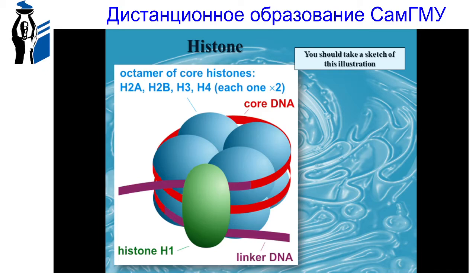Two molecules of each of the histones H2A, H2B, H3, and H4 make up an octamer wrapped by a 146 base pair DNA segment that forms 1.8 helix turns over the protein structure. This particle with a diameter of 7 nanometers is called a nucleosome.